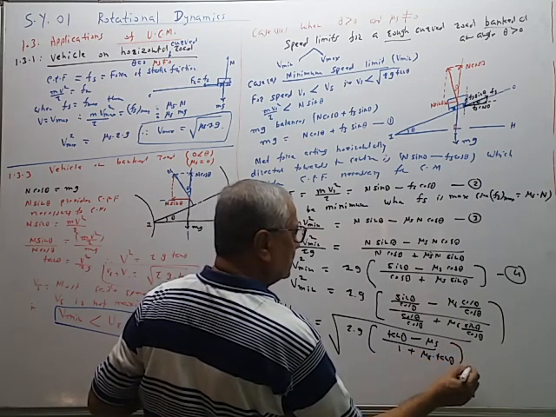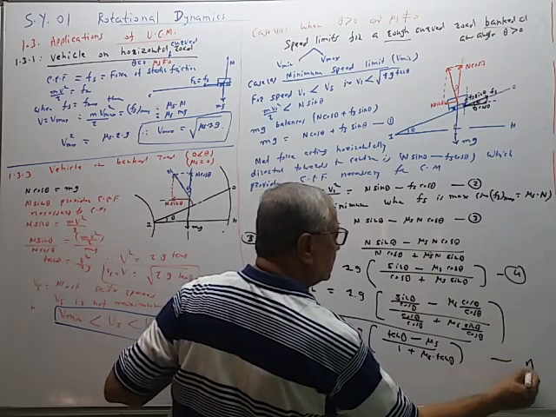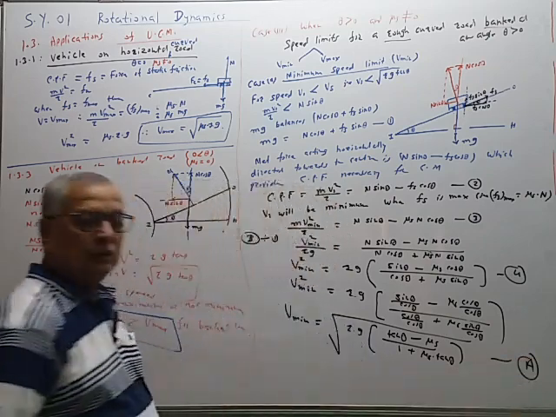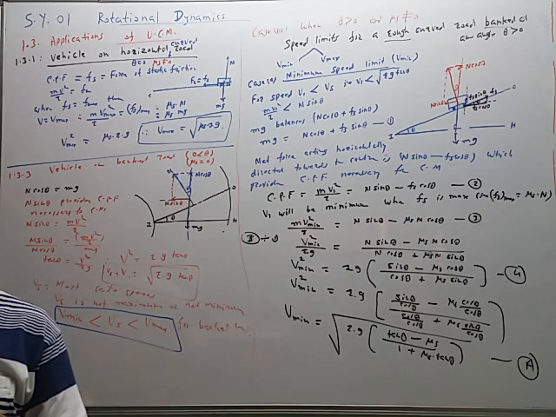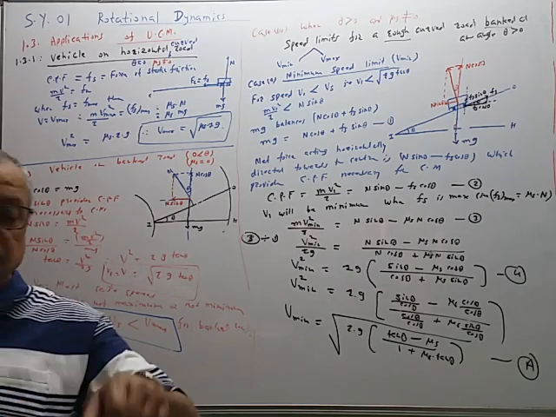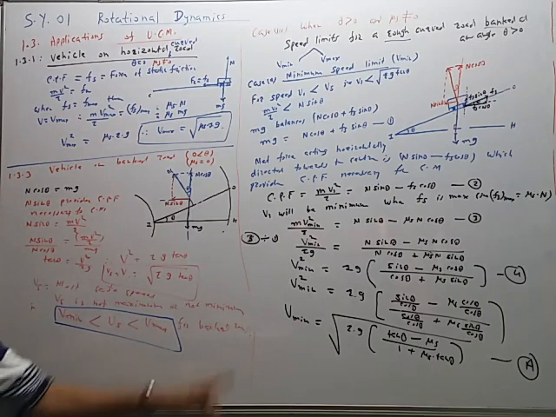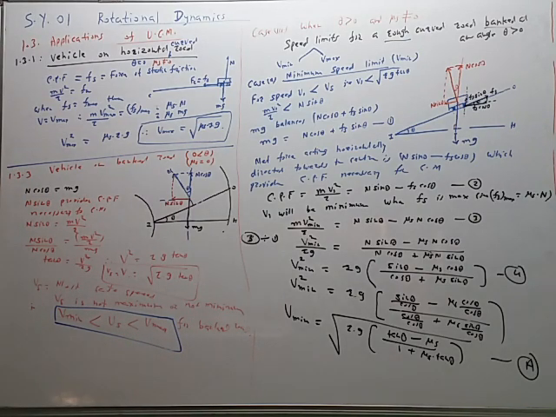This is the relation, so say this is equation E. Equation E gives the minimum speed limit.